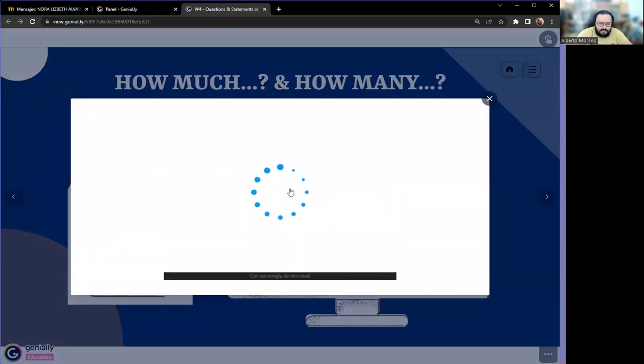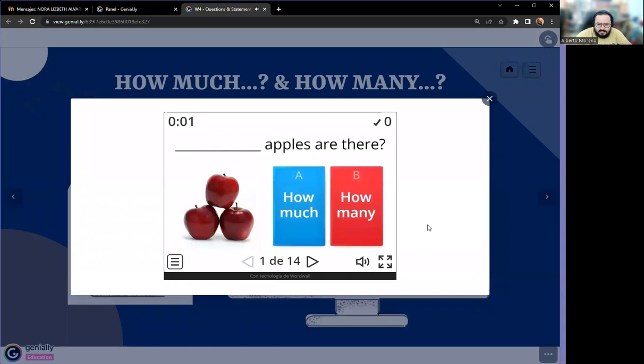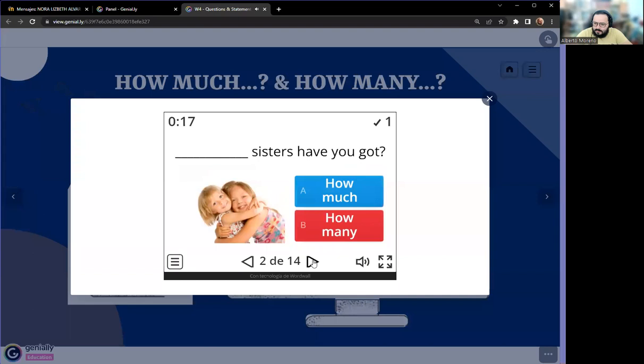Now, let's do another questionnaire. Vamos a hacer otro ejercicio con how much y how many. Tenemos aquí apples are there. ¿Cuál es la pregunta correcta, Sandra? How many? Good. Jade, could you please read the question with the answer?